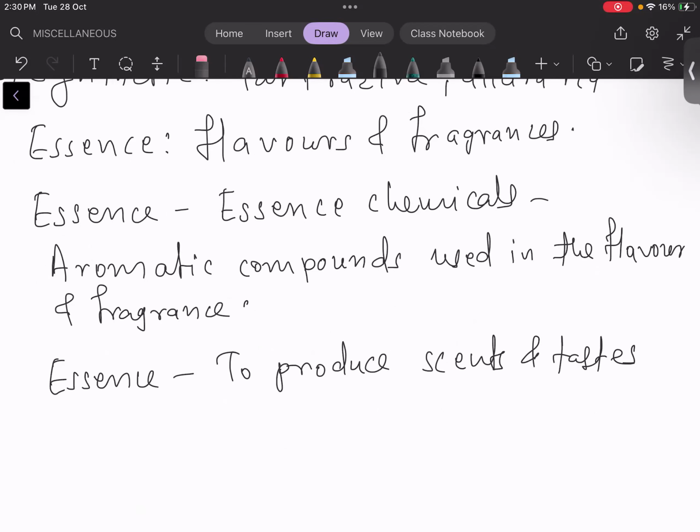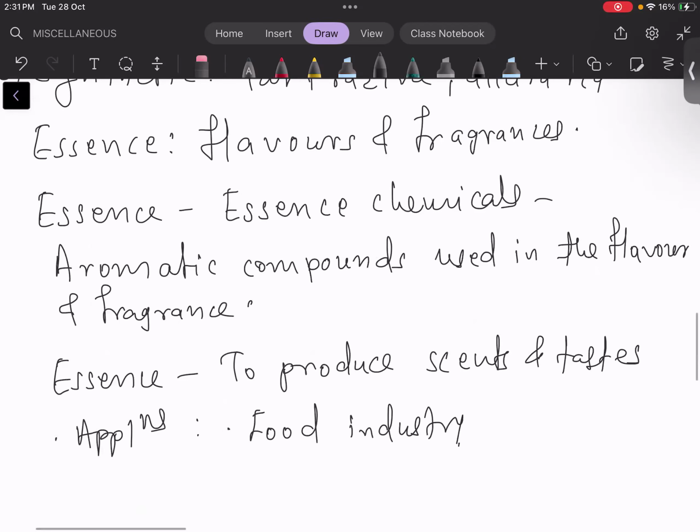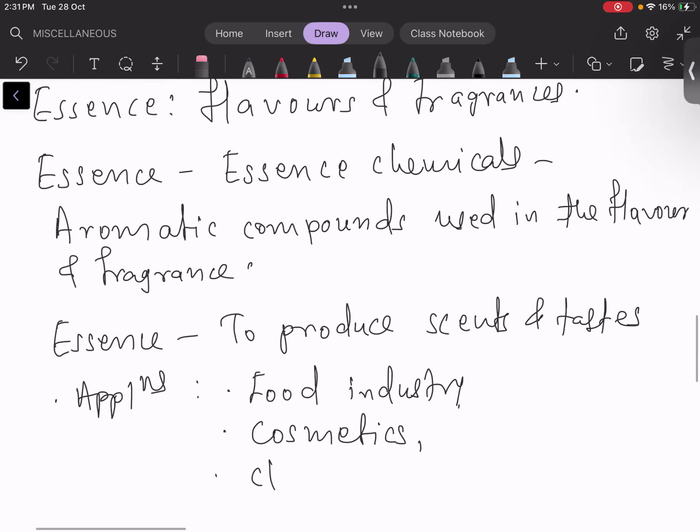Now, what are the applications of essence? They are used in the food industry, cosmetic industries, and cleaning products.